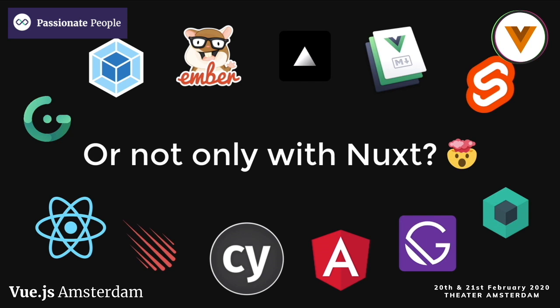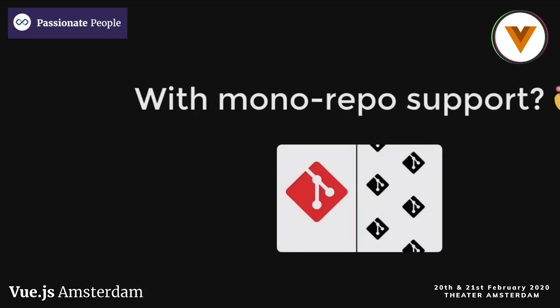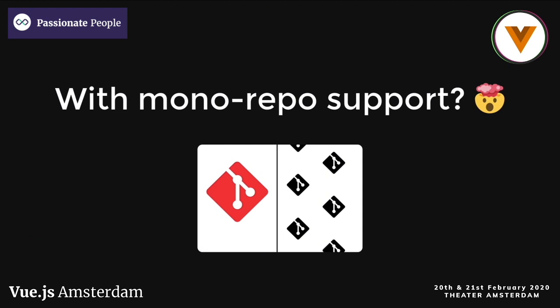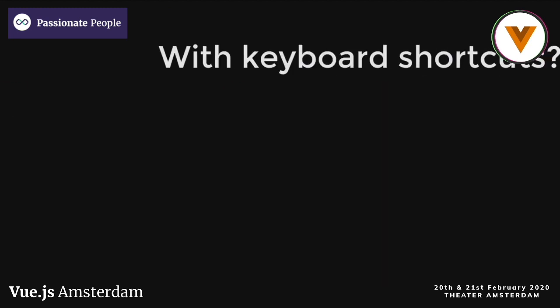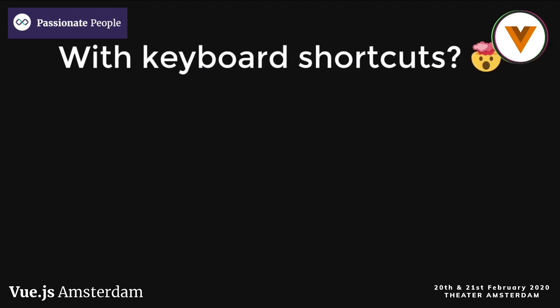What if it supports monorepositories? Who is using monorepositories? That's a lot of people. What if it has a lot of keyboard shortcuts? Who likes keyboard shortcuts? A lot of them, actually.